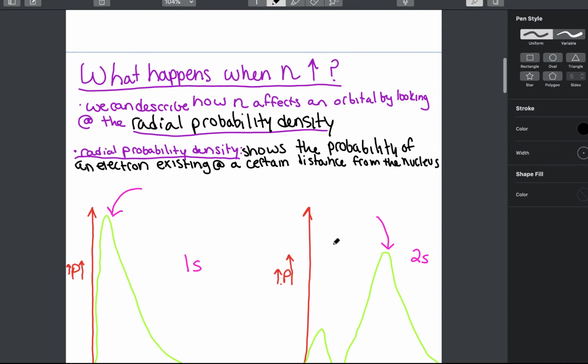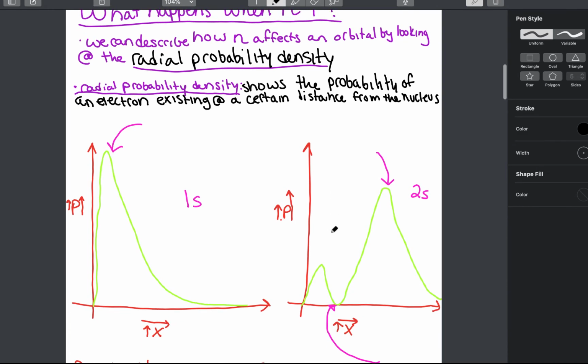So these two graphs here show you what a radial probability density function looks like. So let's first look at this graph right here on the left. So this graph corresponds to a 1s orbital. So here on the y-axis we have probability.